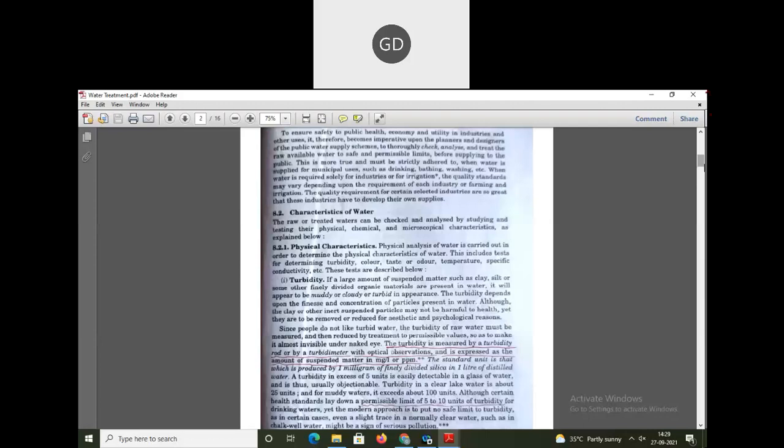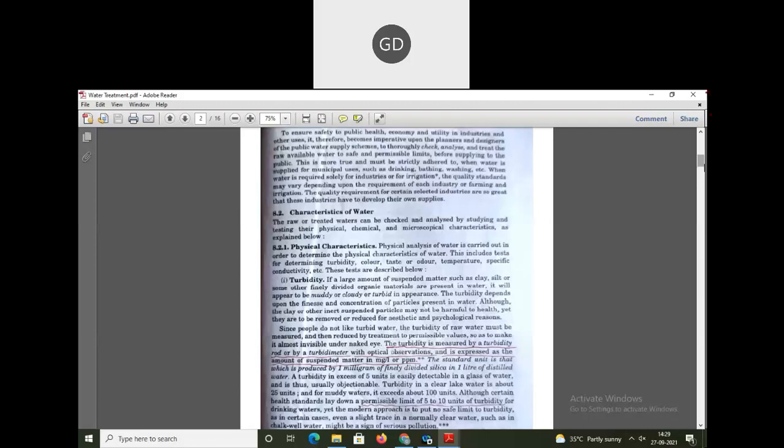First of all, turbidity is measured by a turbidity rod or a turbidity meter. And what is the unit for turbidity?